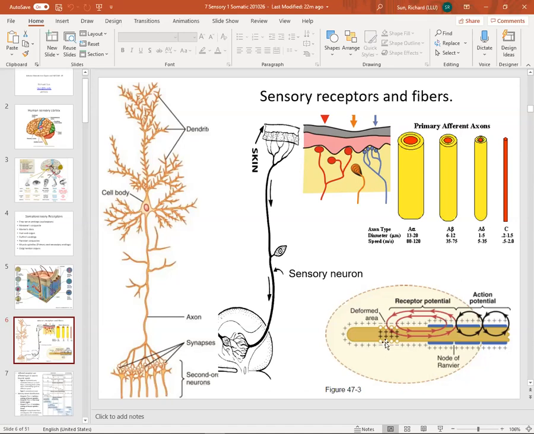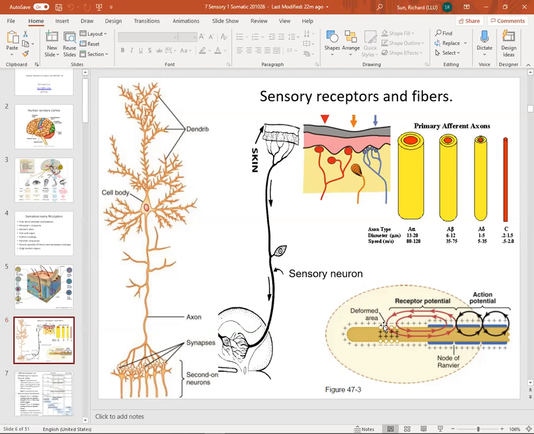When it's bent, the membrane will become more porous, and it will allow sodium to come in because inside is negative. Ions can diffuse freely in and out, but sodium, a positively charged ion, will go in more than potassium goes out.